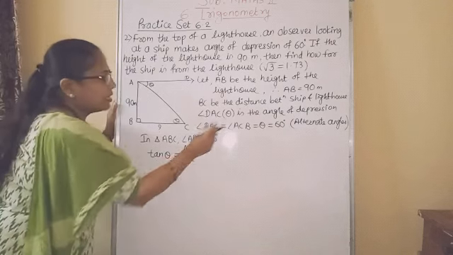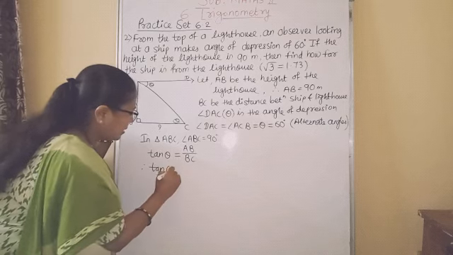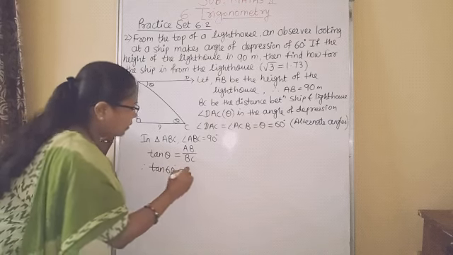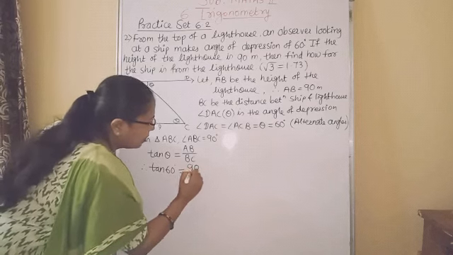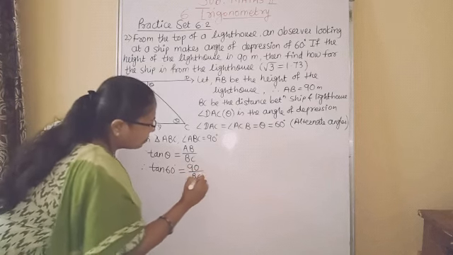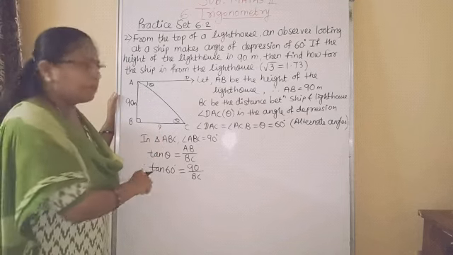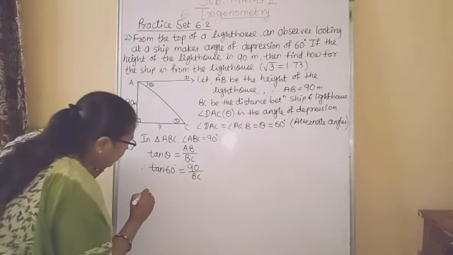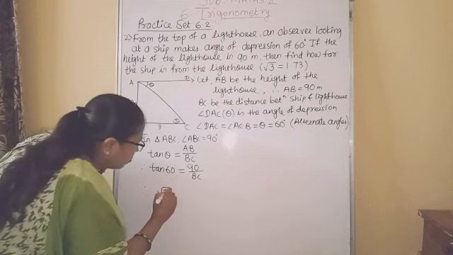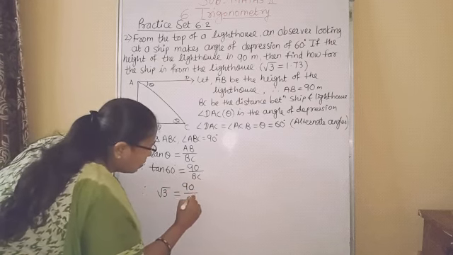Now theta is given 60 degrees. Therefore, tan 60 degrees is equal to AB, given 90, upon BC. Now from the trigonometric table, the value of tan 60 degrees is root 3. Therefore, root 3 is equal to 90 upon BC.